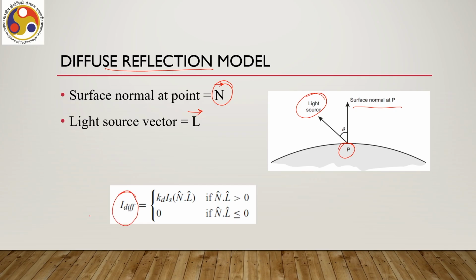Then we can compute the diffuse reflection component coming to the viewer's eye as Kd Is, where Is is the source light intensity, times the dot product of these two vectors, N dot L, if N dot L is greater than 0, otherwise it is 0, that means there is no reflection.